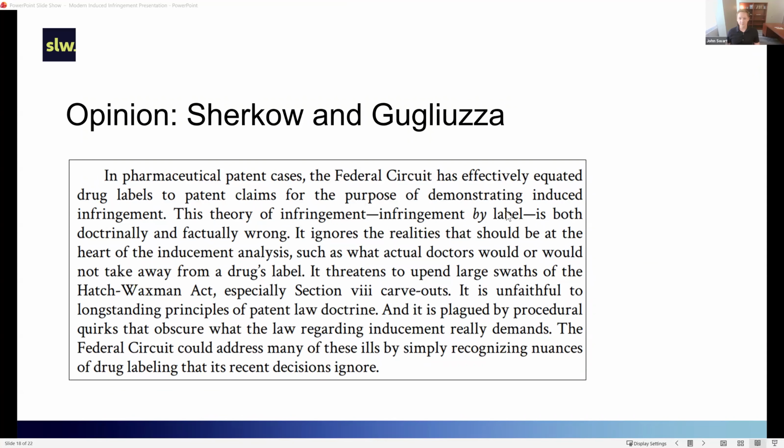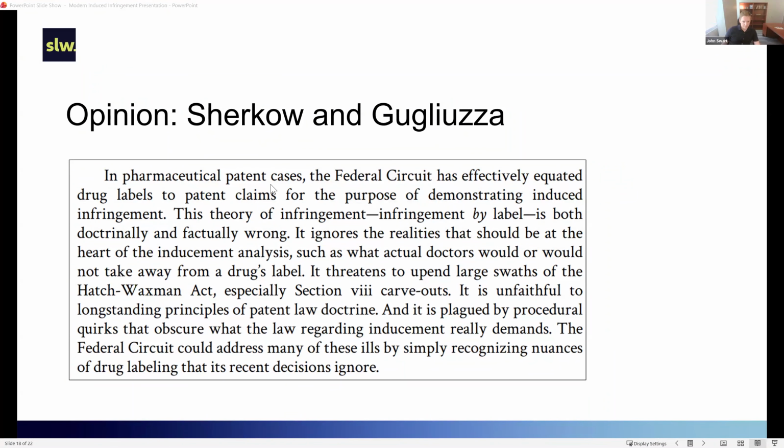Their main argument throughout this paper, in discussing GSK, the Amarin v. Hikma case that is currently in front of the Supreme Court, and the cases in between, is that the Federal Circuit has erred in their interpretation of inducement.